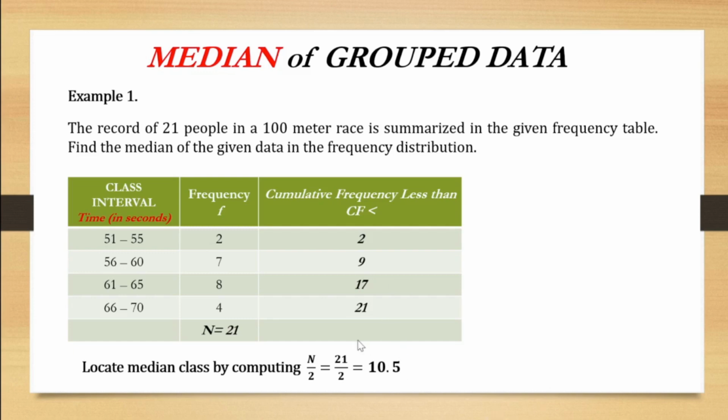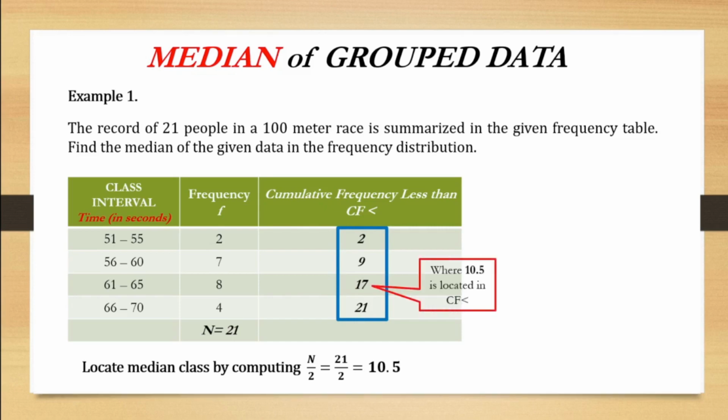Since we already have the value of n over 2, which is 10.5, we locate in the cumulative frequency less than where 10.5 belongs. 10.5 belongs to 17, so this is our median class.